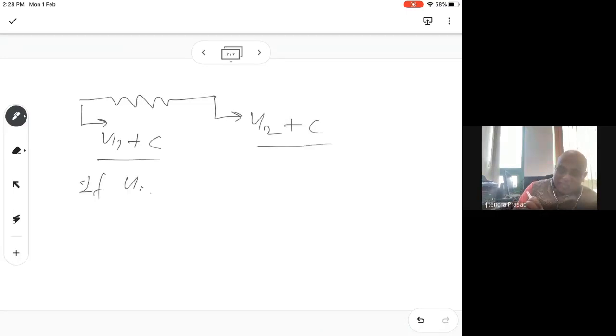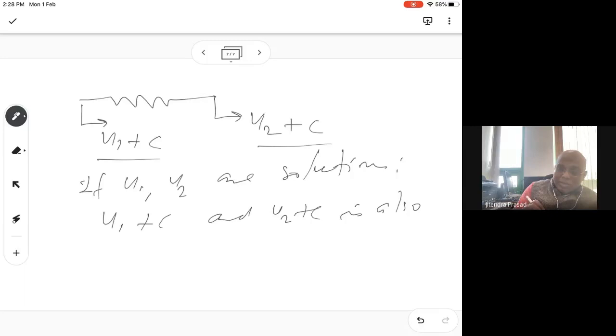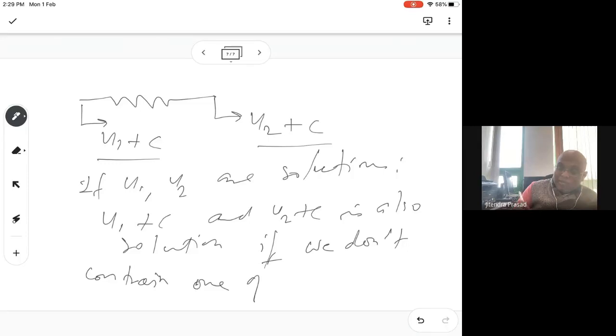If u1, u2 are solutions, u1 plus c and u2 plus c is also a solution, if we don't constrain one of u1 and u2.